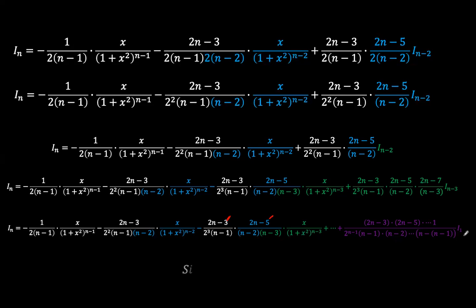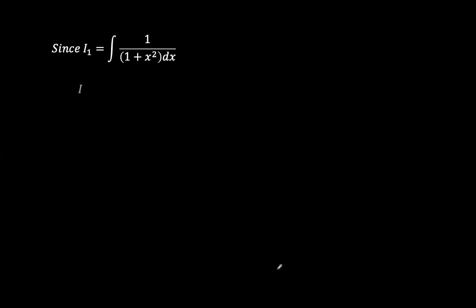And so we see that we can go all the way until we hit 1, and that's when we have I1. And I1 is simply the integral of 1 over 1 plus x squared to the power 1, which is the integral of 1 over 1 plus x squared, the arctangent of x plus c.